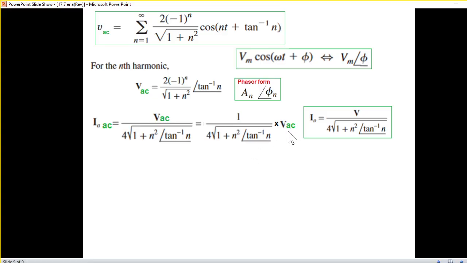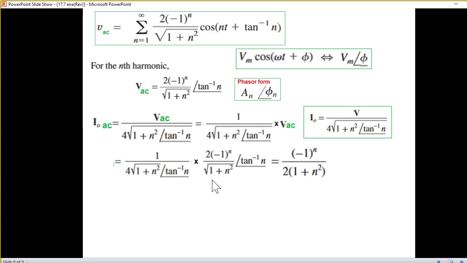And we're just moving VAC to one side, so we can plug in the value of VAC. Now this is VAC we had calculated, so we'll plug in that value. And simplifying, if we just multiply all these terms, this and this will get cancelled. So this will be our answer, I0AC.